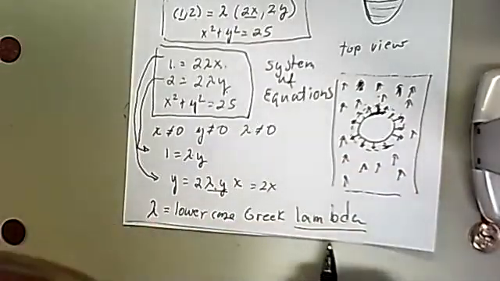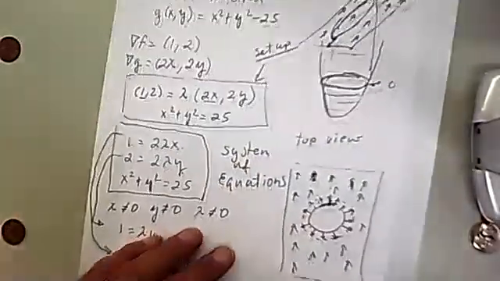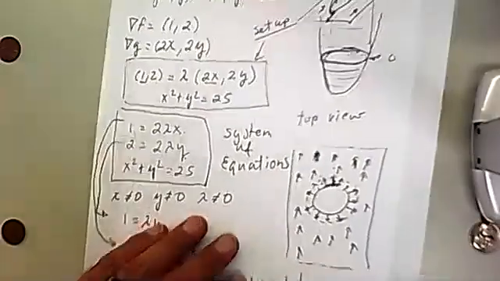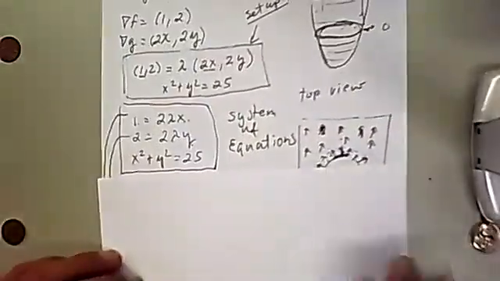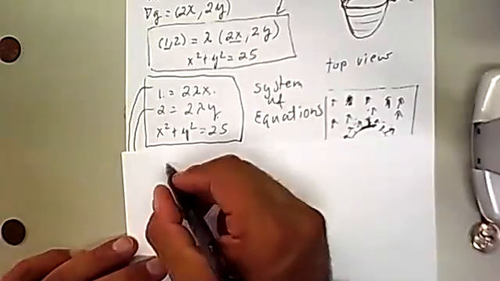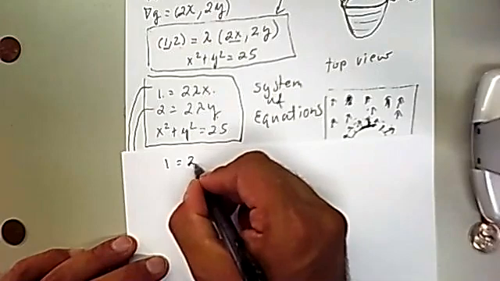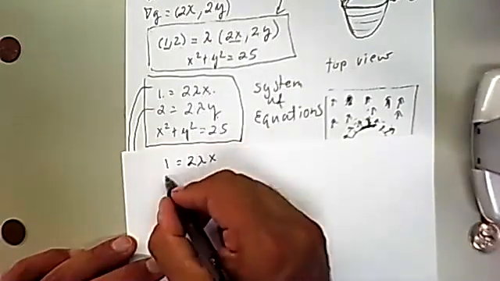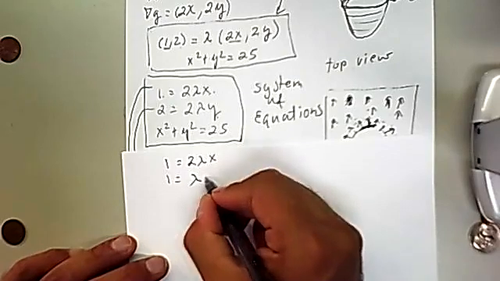Okay. Let me continue on a new page, and let me copy the system of equations. So we had 1 equals 2 lambda x, 1 is equal to lambda y.